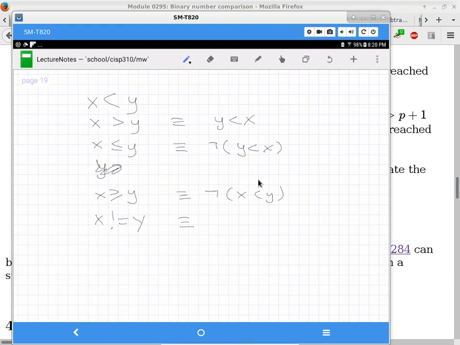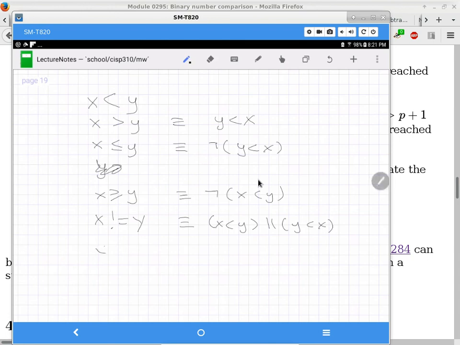Okay, so yeah, go ahead. Well, you could say not equal: if x is less than y, or y is less than x. Yep, there you go. So if we know whether something is different from another thing, can we check whether something is the other thing?